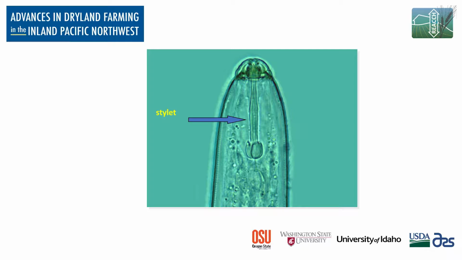And the one common thing that they all have is what's called a stylet in their mouth parts. And this is kind of like a hollow hypodermic needle that it can then protrude in and poke into the cell and then suck the cell contents out. So in this respect, it's very much like an aphid. So all the plant parasitic nematodes have this stylet in their mouth parts, which enables them to essentially feed on the plant roots.